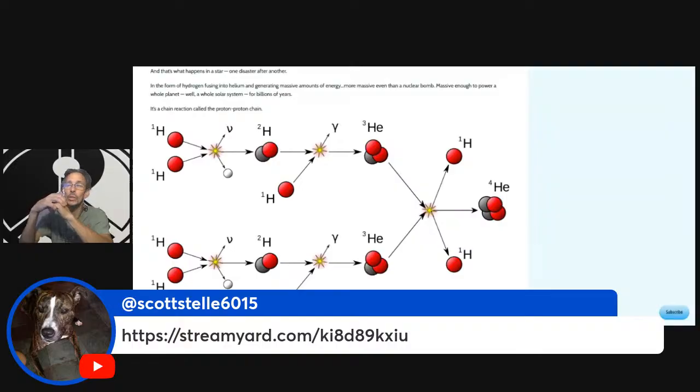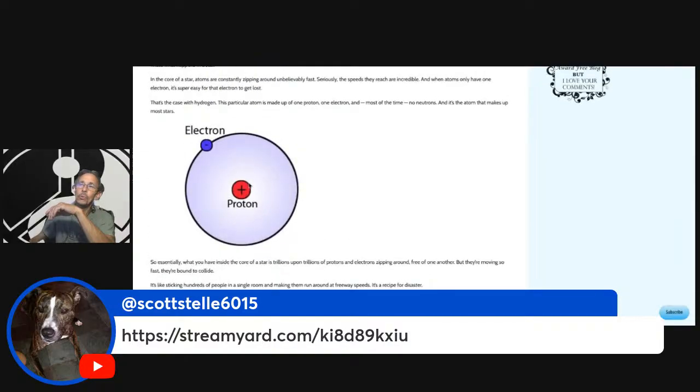So in a proton-proton chain reaction, as you can see on the screen, you have a hydrogen, which is a proton and an electron. No neutron, just a proton and an electron.